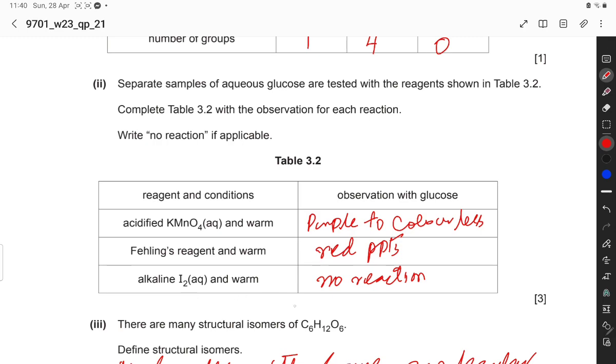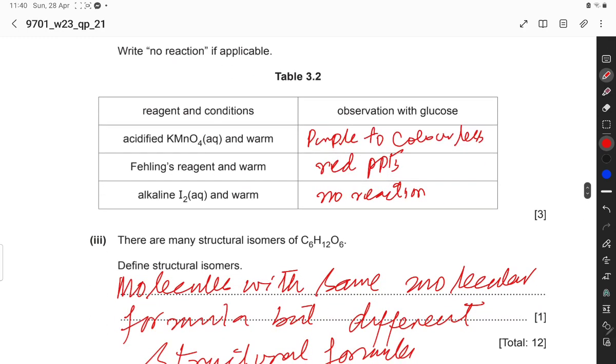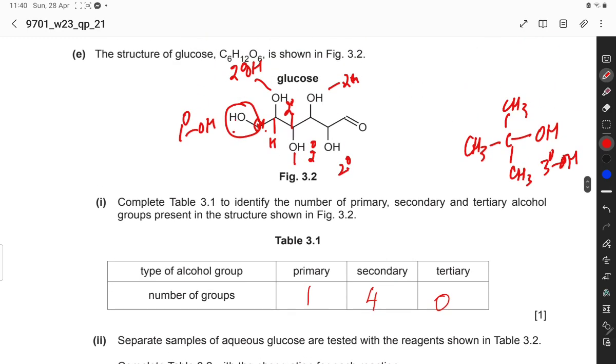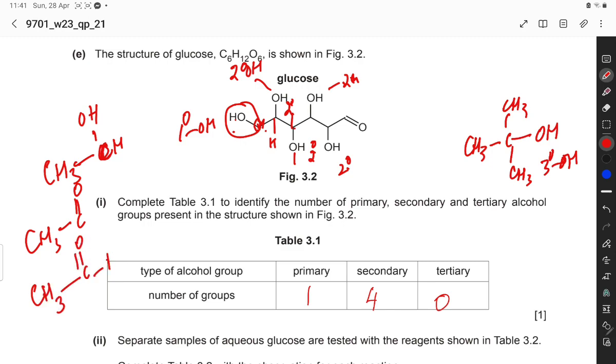Alkaline iodine and warm, no reaction. This is no reaction because this is CH2OH, this is CH, so no CH3. The reaction takes place when CH3 is directly attached to the carbon which is directly attached with OH, or CH3 with C double bond O, or CH3 C double bond OH.